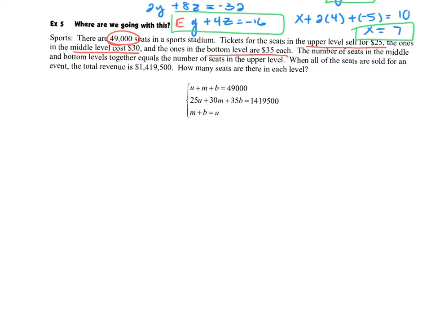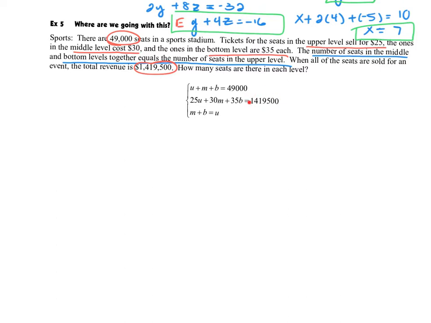Then it's going to tell me that the number of seats in the middle and the bottom together equals the number in the upper. That part gets kind of complicated. And then when all the seats are sold, it says that our revenue is 1,419,500. So when we look at our 3 equations, this 49,000 is our total seats, upper, middle, bottom.